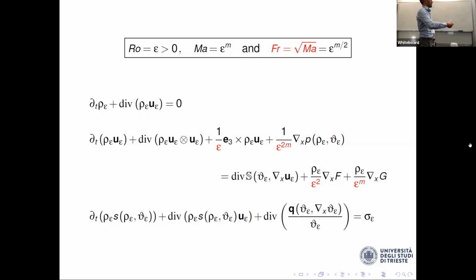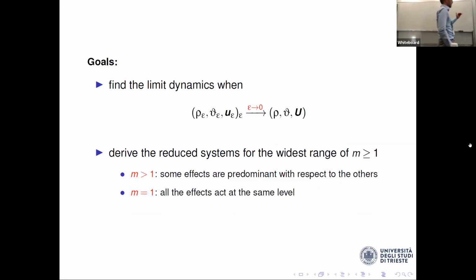I plug this ansatz in the equation. Then here we have 1 over epsilon, here 1 over epsilon to the power 2m, here 1 over epsilon to the power 2, here 1 over epsilon to the power m. Okay, the aim is to find the dynamics when epsilon goes to 0.